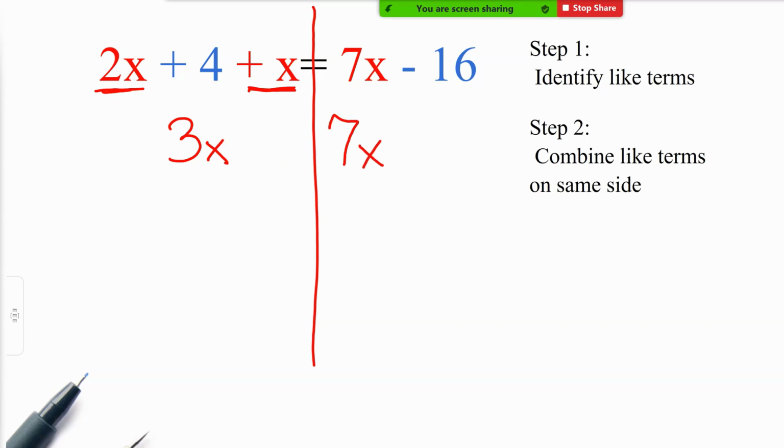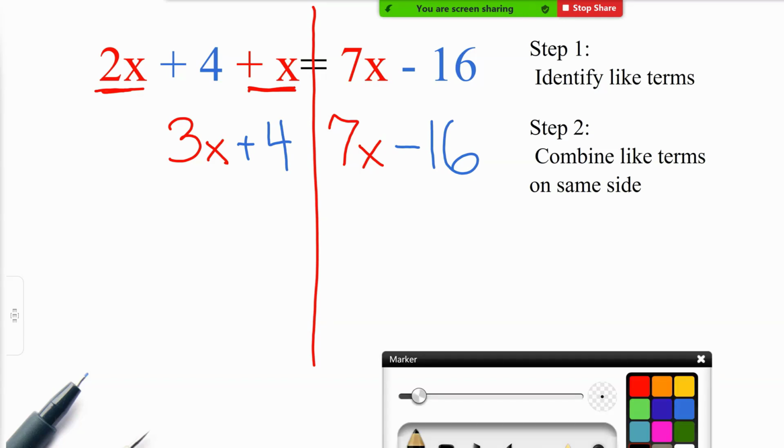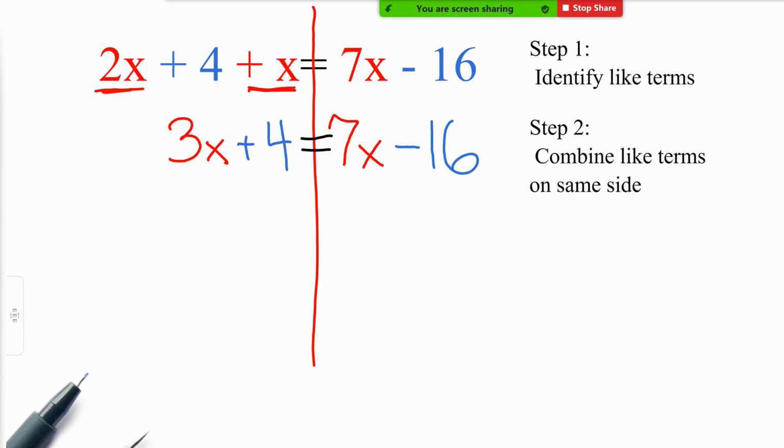This has not changed. The 4 did not change. And the minus 16 did not change. Please make sure that you have our equation written down. After we combine like terms on the same side, I'm left with 3x plus 4 equals 7x minus 16.